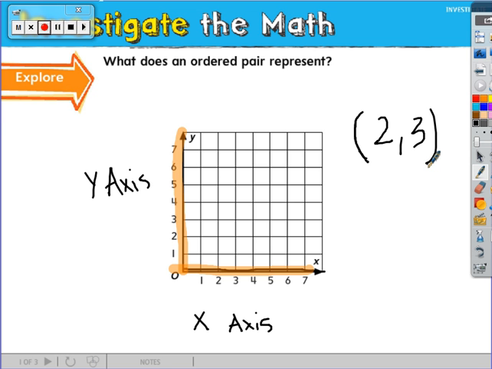A, B, C, D, E, F, G, H, I, J, K, L, M, N, O, P, Q, R, S, T, U, V, W, X, Y, Z. Which letter came first?